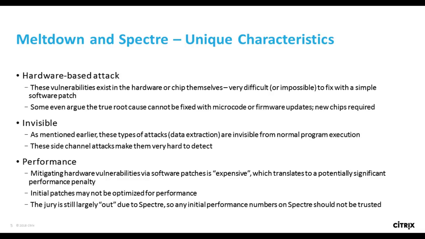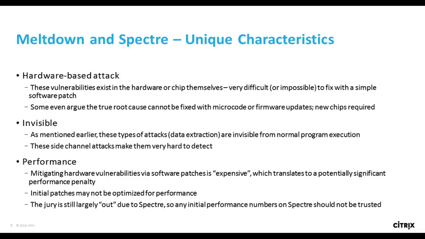Finally, one of the unique characteristics is that there is a performance impact. So it's not only security, we are talking effectively about the impact on security, performance, budgets, and many other things.